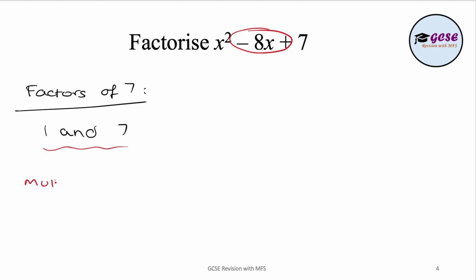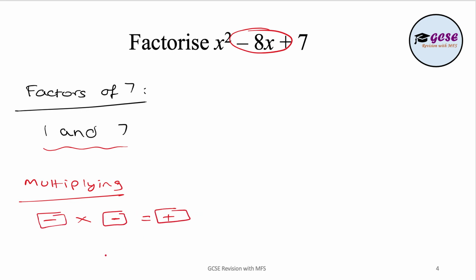When multiplying negative numbers, when you multiply a negative to a negative, that will get you a positive answer. Okay, so negative multiplied to a negative will get you a positive answer. Negative multiplied to a positive will get you a negative answer.